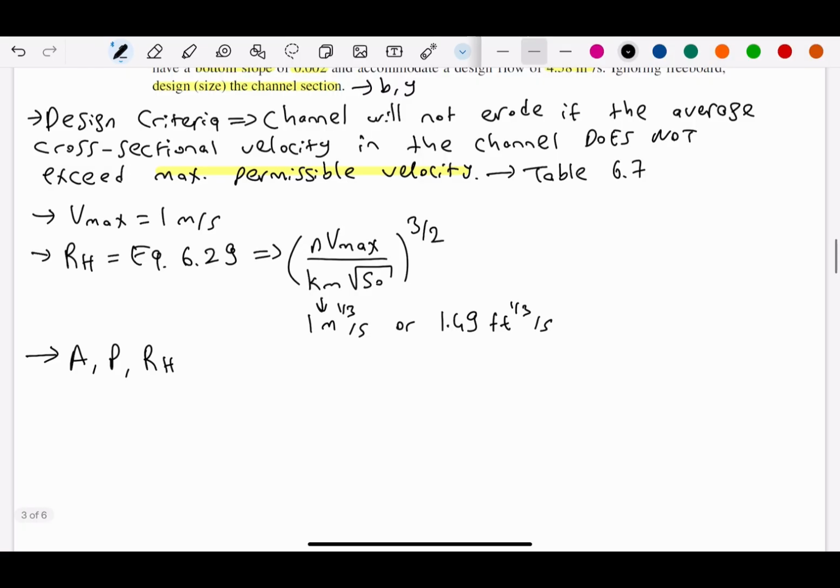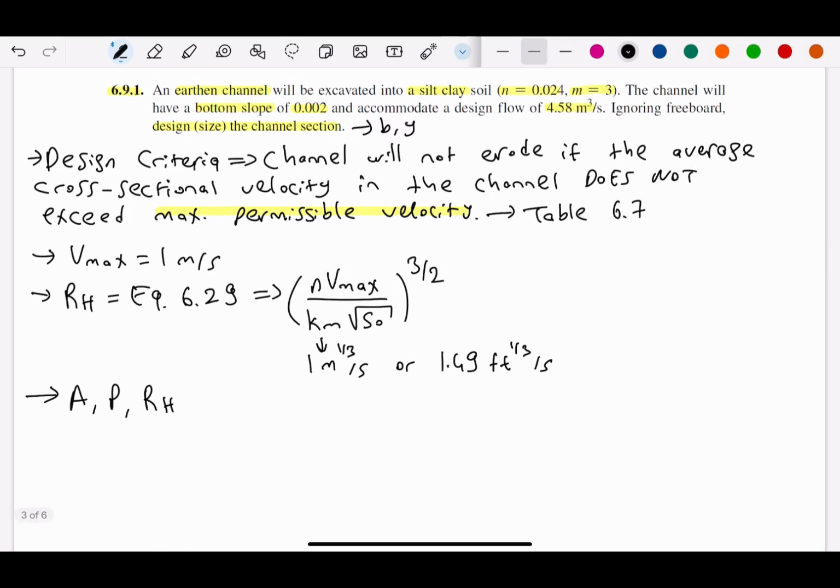So before we get started, we need to consider a flow condition, so that the channel will not be eroded under this design flow condition, which is 4.58 cubic meter per second. So the assumption is that channel will not erode if the average cross-section velocity in the channel doesn't exceed maximum permissible velocity. So this is actually a certain value.